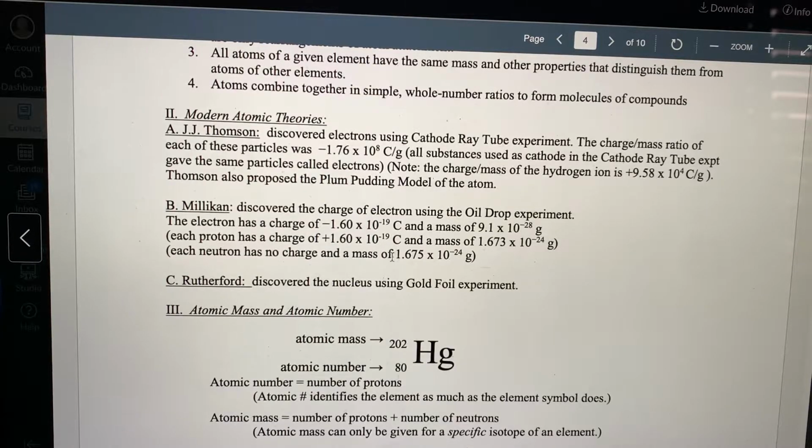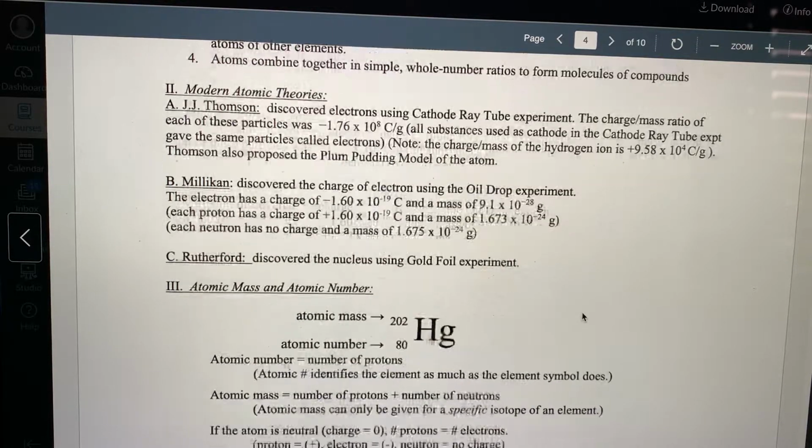And notice that each proton has a charge of positive, exactly opposite to the electron, and its mass is really small too, but it's about 1,800 times bigger than the electron, 1.673 × 10^-24 gram. And the neutron has no charge, but its mass is similar to a proton. So when you make it simple, you make proton 1, neutron also about 1, and for the electron you can ignore the mass. That's why we say the mass of the electron is 0, but the actual mass is not 0. But now you know where to look them up.